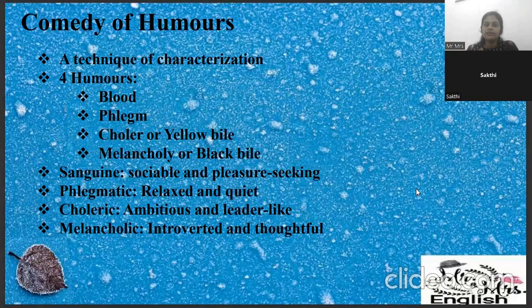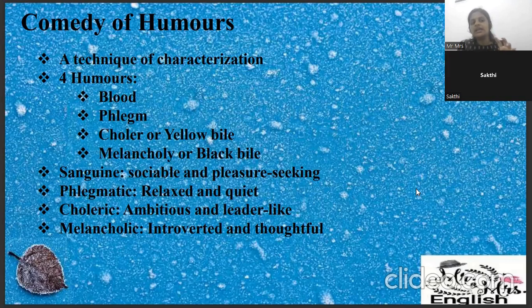And each person will be dominated by one of these, and that's how nature decides the nature of a person. We usually say, oh, that's a very calm person, or he's a very sweet person, he's a very angry person, she's a very sad person, or she's a very melancholic person. We usually identify a general characteristic that is dominant in a person.